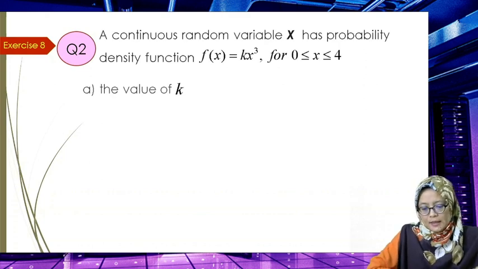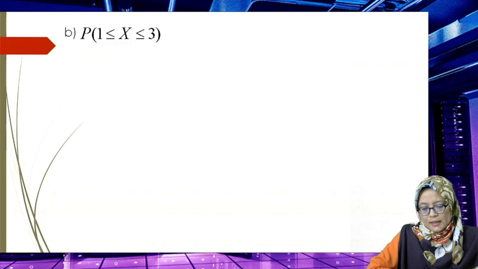Okay, so saya bagi jawapan dia K equal to 1 over 64. Okay, so ini jawapan dia 5 over 16. Jawapan dia 15 over 16.